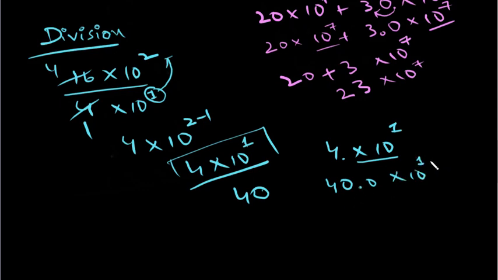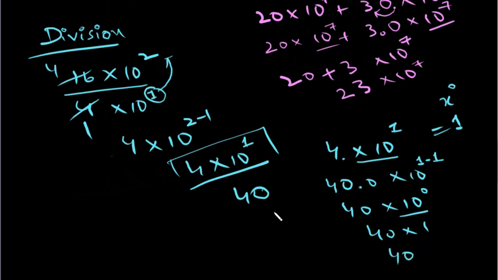So you will have to subtract 1 for the decimal point movement, so it will be 40 exponential 1 minus 1, which is 0. So you will have 40 multiplied by 1. You know, the power of 0 of anything will become 1. So we'll have 40 multiplied by 1, and 40 is the answer. Same is the case here.